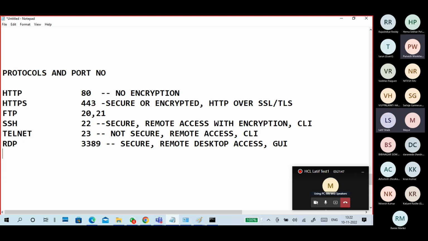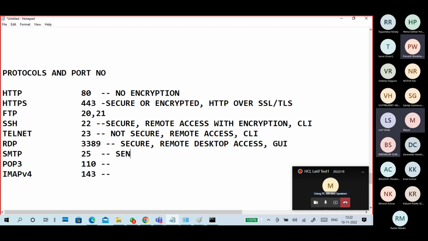Okay, SSH, Telnet, RDP. SMTP, POP3, IMAP version 4. SMTP, Simple Mail Transfer Protocol, is used to send emails. What is it used for? Sending mails. For retrieving mails, you can use either POP3 or IMAP.